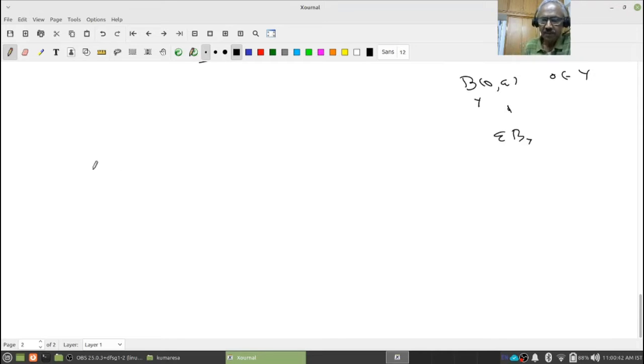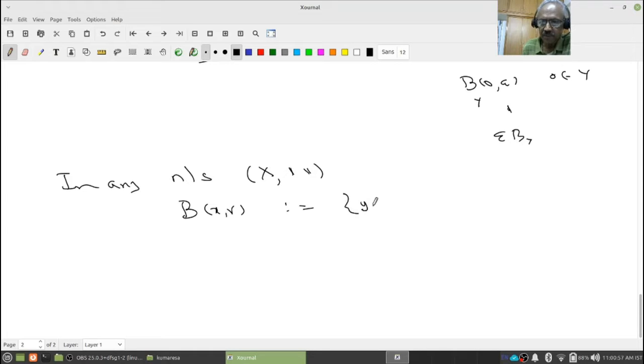Okay, so before we go further, in any normed linear space, these are the things I expect you to learn. B(a,r) by definition is the set of all x in X so that norm of x minus a is less than r.